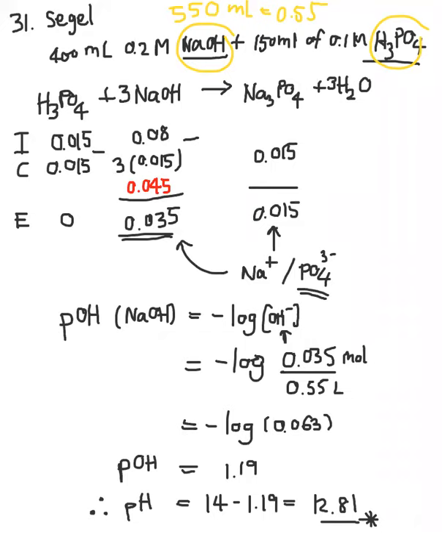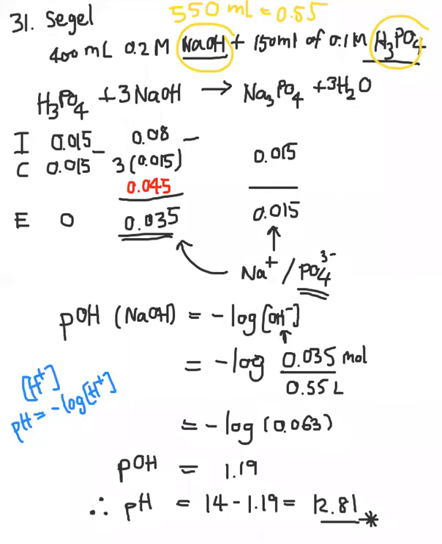And when you get the pH, you can also calculate the concentration of protons by taking the antilog of the pH. So the concentration of protons can be calculated by 10 to the minus pH, which is 12.81 here. So that is the answer.